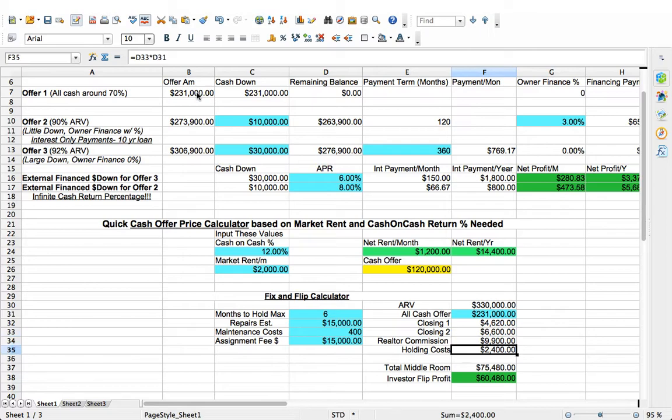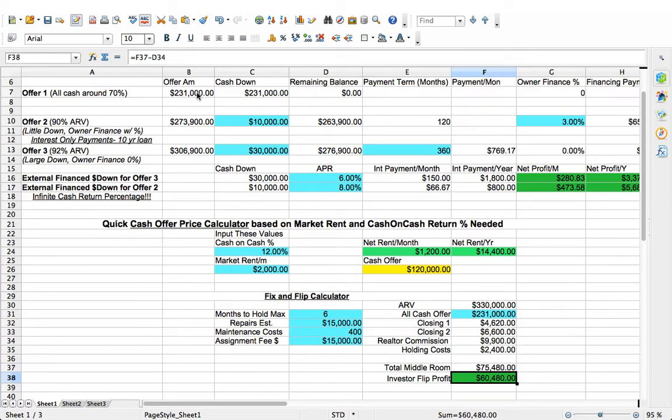These are holding costs, which are months to hold times the maintenance cost. So about $2,400. So this is the whole middle room that you, the wholesaler, if you are one, the investor, what do you have to work with? So total $75,480, and then minus your assignment fee will bring it down to $60,000.